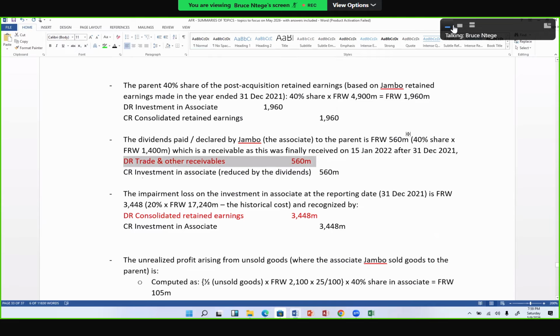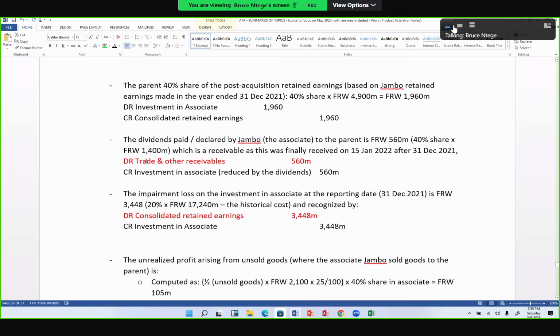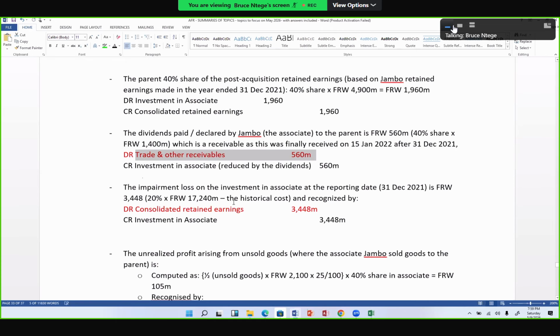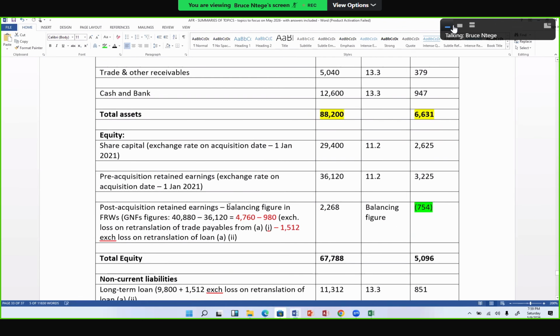Whereas the credit is already in here, in the investment in associate, I need to run that debit to a line called trade and other receivables in the group balance sheet by saying a debit is a plus there, by saying plus the 560. Okay, so let's go to the consolidated balance sheet, which is here, and trade and other receivables is here.